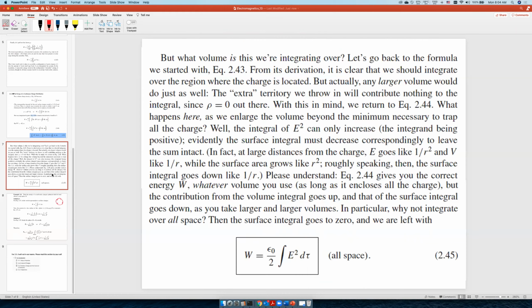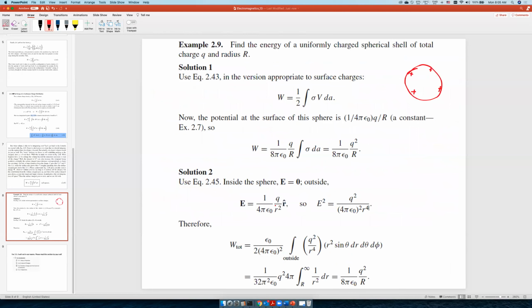The second way is, let's use this equation. If you want to calculate the energy, then work equals this integral. So from this equation, let's say inside the sphere E equals 0, outside E equals 1 over 4 pi epsilon 0 Q over R squared, and the direction of E is radial.